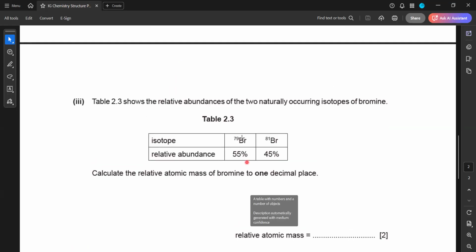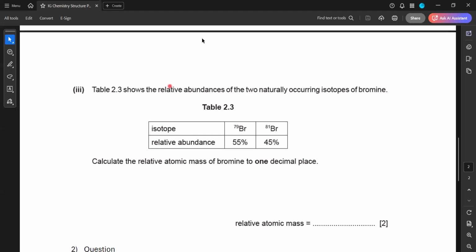No, finding the average mass. Okay, one of the students is having a doubt. So how to work out the average mass of the two isotopes? It's the percentage of the isotope multiplied by its mass. So what is the percentage here? We have a percentage 55 multiplied by the mass of the isotope.